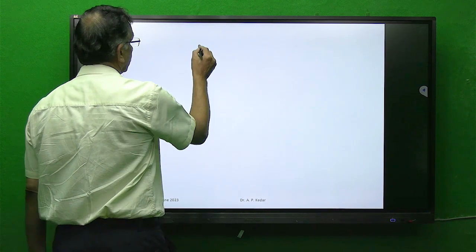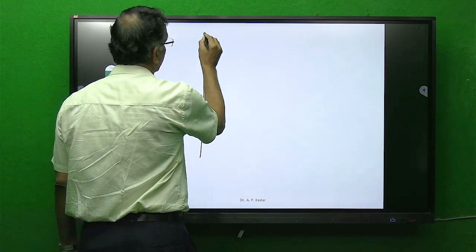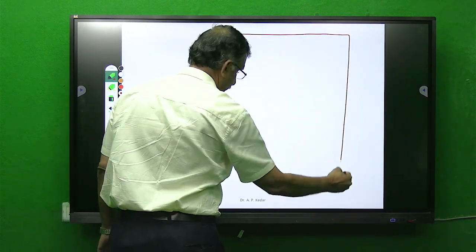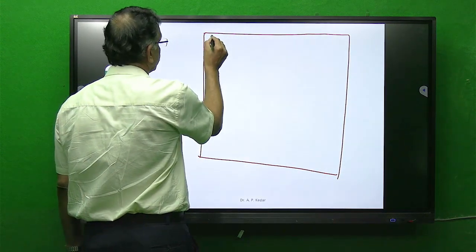I will explain the nature of the table. Here we will be having, under standard normal deviate table, values of Z.